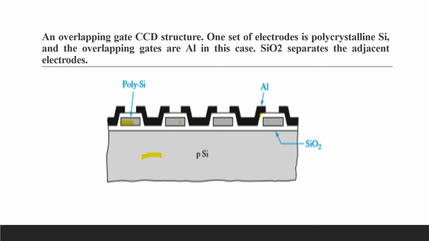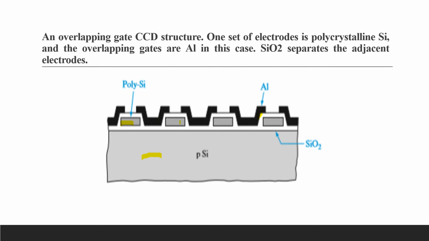Now the previous figure which we have seen, the move of the charge from one potential well under one gate to the other potential well under the next gate, is only one example of a variety of CCD structures.